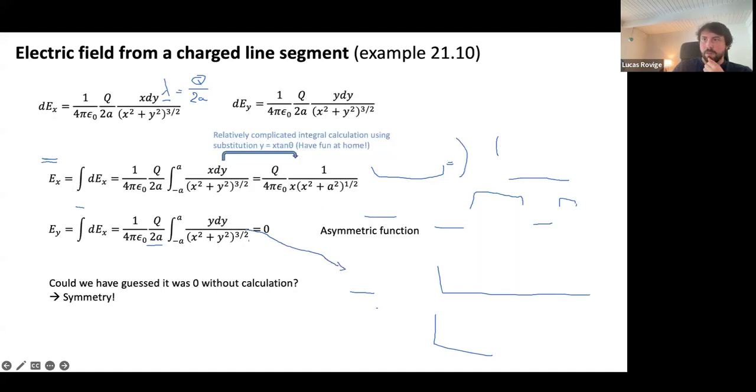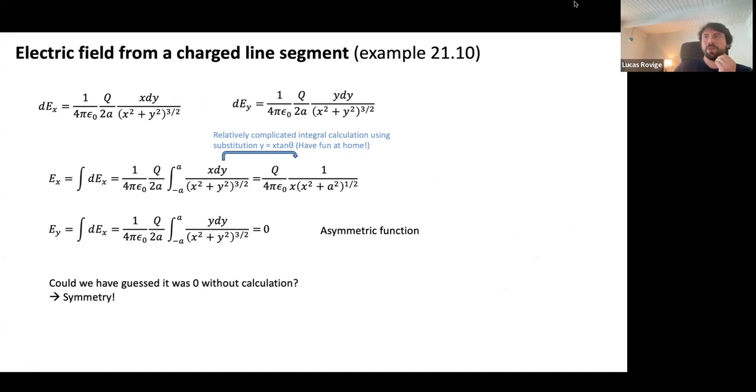So now we have the contribution in both directions, x and y, for this small element of charge dq. To get the total electric field at point P, we integrate those contributions over the whole segment.